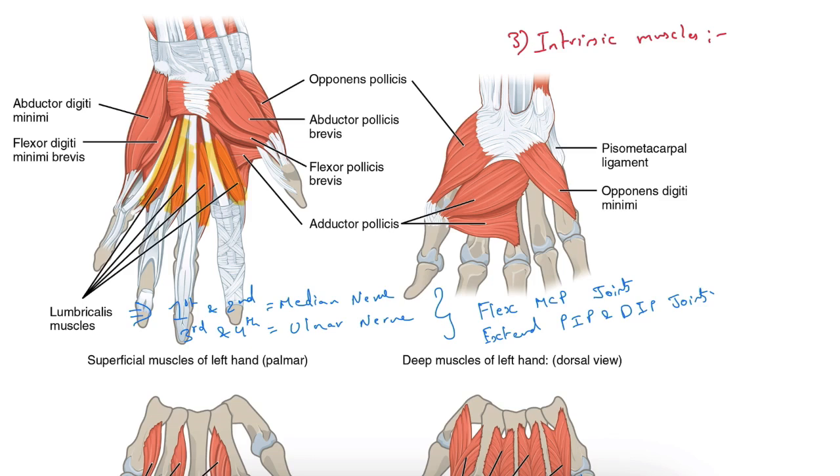The extrinsic flexors help with finger flexion, and the extrinsic extensors help to extend the fingers. When nerves are damaged, this balance is lost, leading to characteristic postures or deformities of the hand.